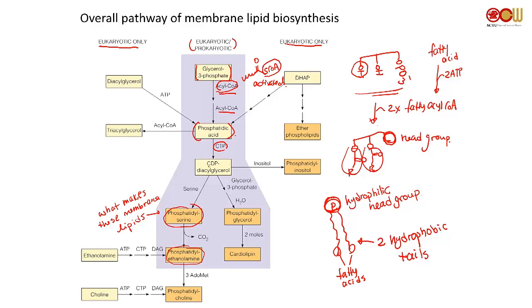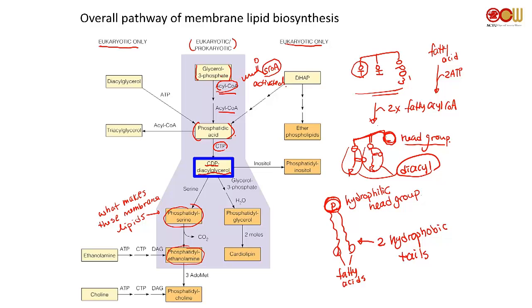You form this thing called CDP-diacylglycerol. Now the head group has a CDP. Because these 2 tails, we can call them diacyl, and then on the top, the 3-carbon molecule is glycerol.